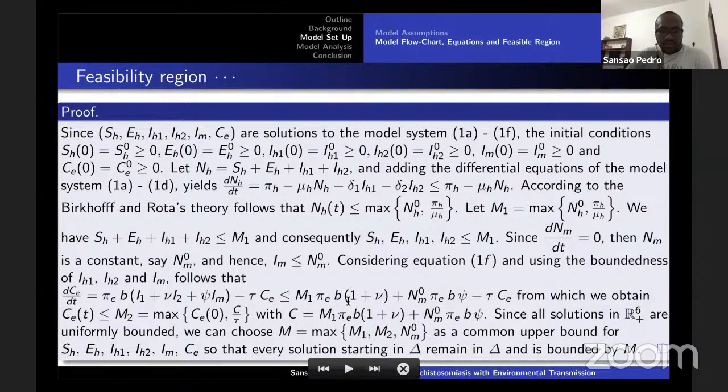Again, this is a linear differential equation that we can solve. As we solve, we realize that the cercaria population is limited by the maximum of these two, where C is this expression. So from here, we can tell that all solutions in this region are bounded by the maximum of all these limits.